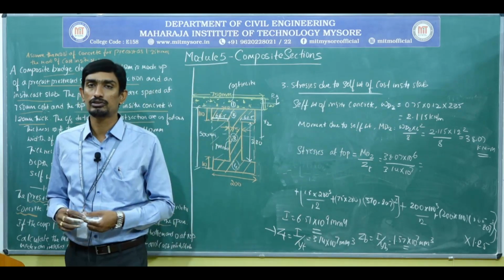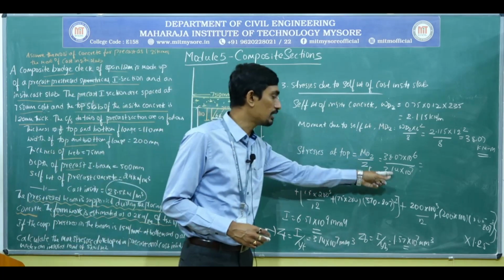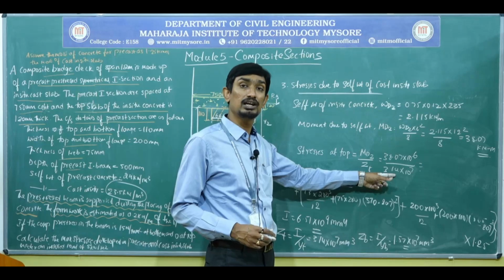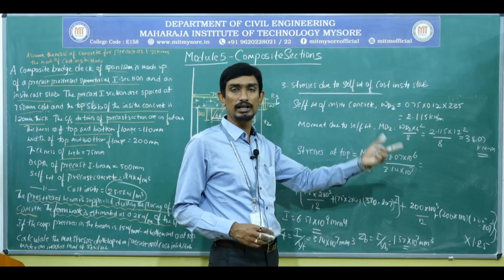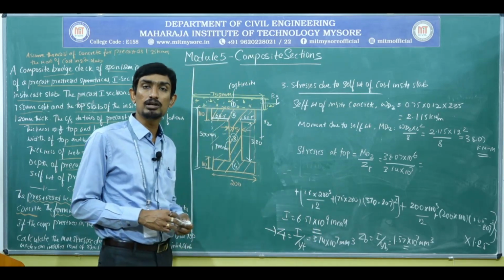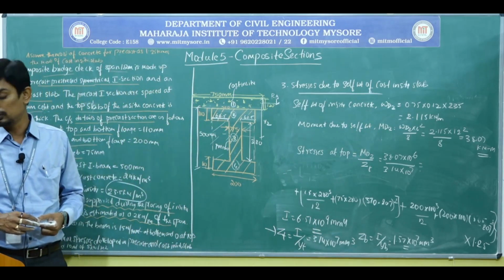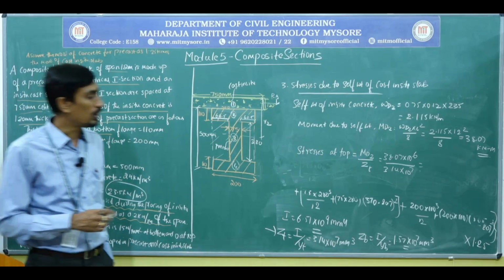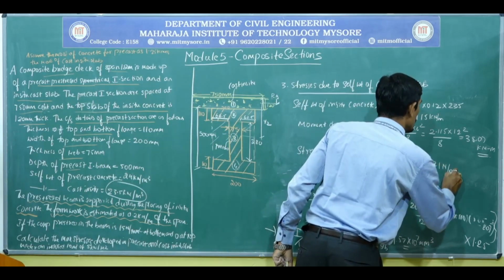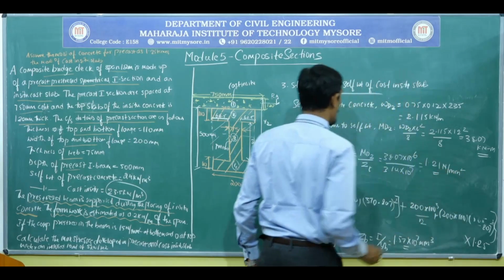But in the unpropped case, you need not require this dimension, because Z top will be the dimension of the precast one, whatever I did in the last problem. But in this problem, they have given the propped case, so I am going to do like this. So the answer will be 1.21 Newton per millimeter square.